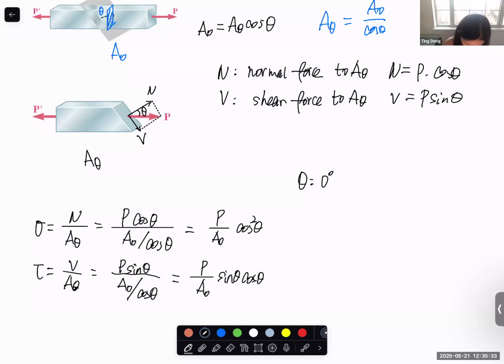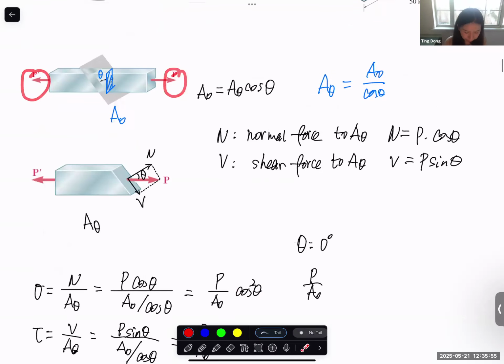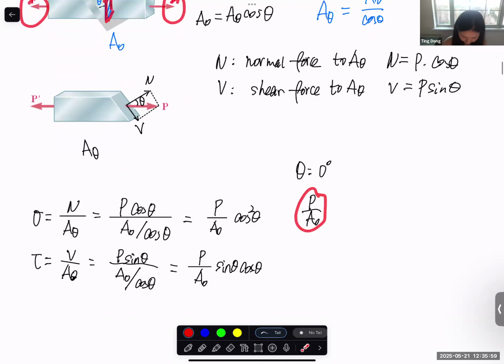When theta equals 0 degrees, cosine theta equals 1. So the normal stress equals P over A naught, which is consistent with what we learned in the first section. We talked about that, on this cross section, if you have the tensile force P applied and you have the cross-section area A naught, the normal stress should be equal to P over A naught.